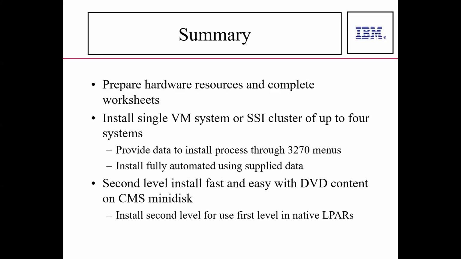Then I had to go to the HMC and create an activation profile for this partition. And we saw the process of using that, once the partition was activated, to use the HMC to do the installation. If we were installing an SSI, we could do up to 4 members either in an LPAR or, as we saw, in a second level virtual machine.